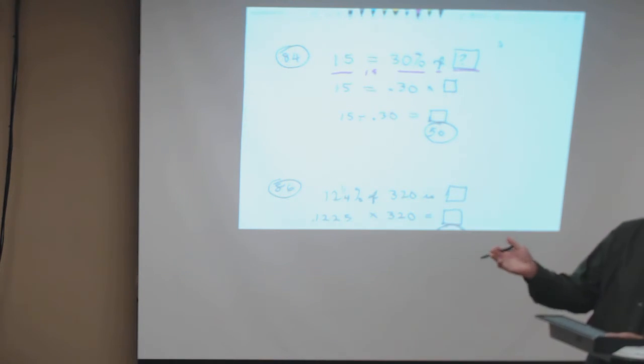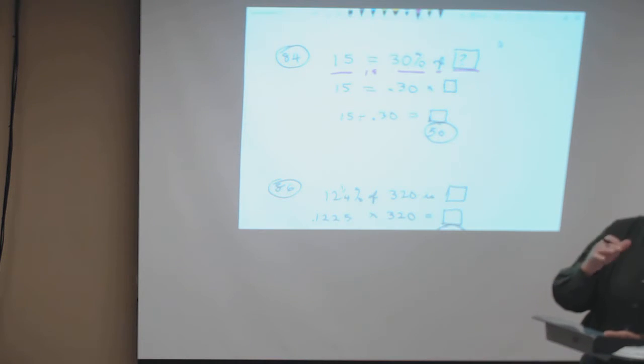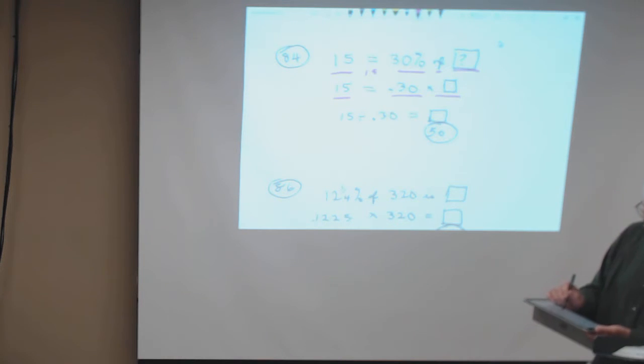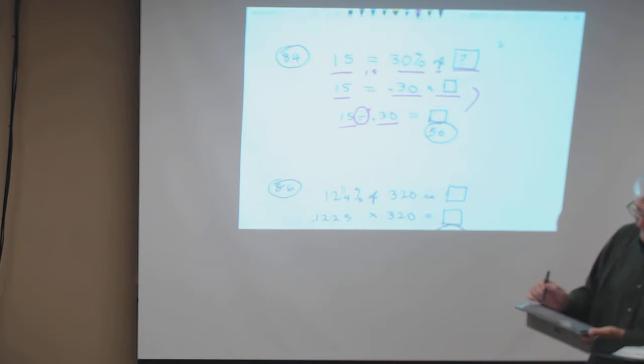So I don't care what goes where. I don't have to have a different technique for different kinds of problems. I just translate. Then I say, okay, this says 15 equals 0.30 times something. So what would that mean if I put the box by itself? Wouldn't the box by itself equal 15 divided by 0.30? Does everyone see where I'm going from here to here? You see how I'm getting there?